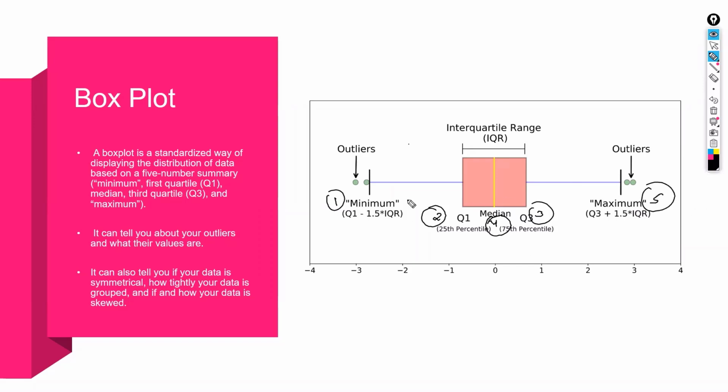So this is the 5 number summary. That's how it will be divided.